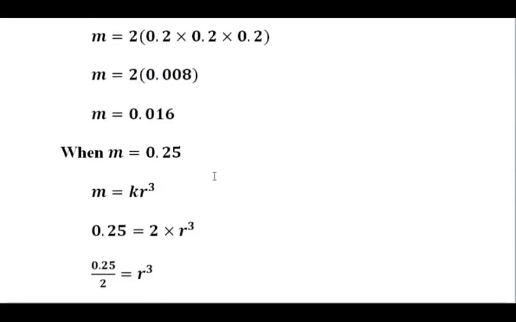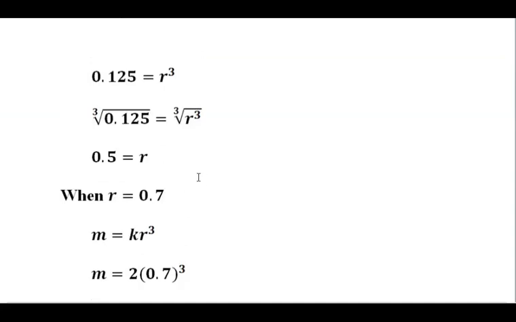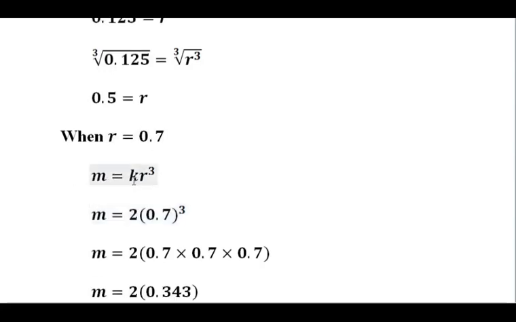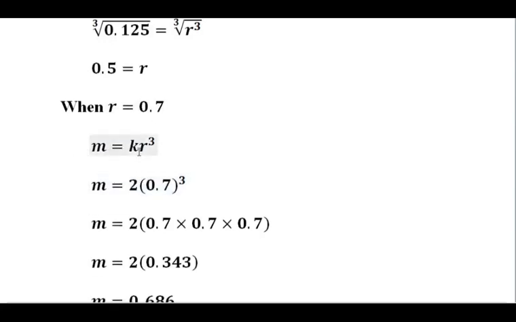Now, next column, when the radius r is 0.7, let's find the mass of the sphere. So I will put the value of r, which is 0.7, and constant k, 2, in this equation, m equals kr cube, to find mass m of the sphere when radius r is 0.7. So this equation becomes m equals 2 into 0.7 cube.